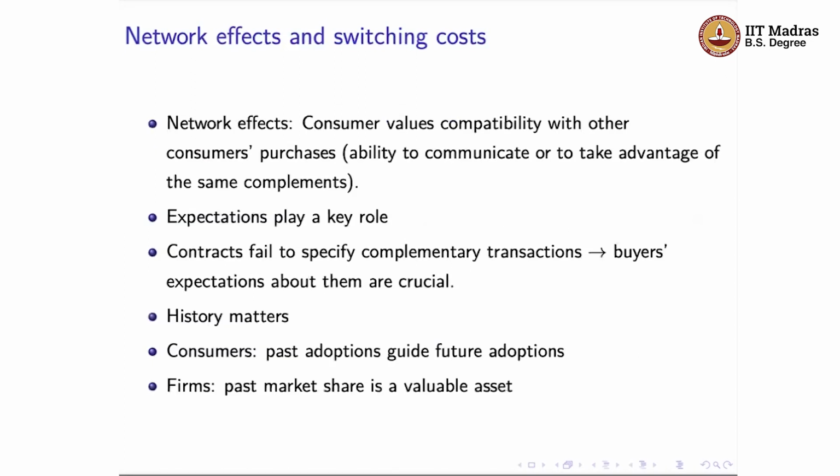In contrast, network effects are basically situations where consumers value compatibility not necessarily with their past investments, but with what the other consumers are purchasing, right? So again, think of the example of the ability to communicate with other users, or the ability to take advantage of the same components, right? And we are going to see here, through again developing mathematical models, that expectations are going to play a crucial role, right?